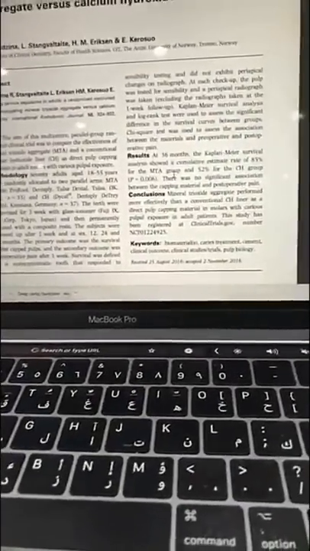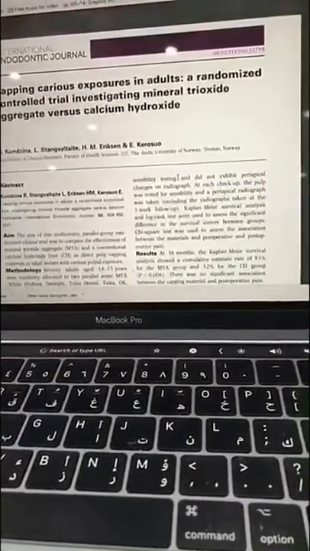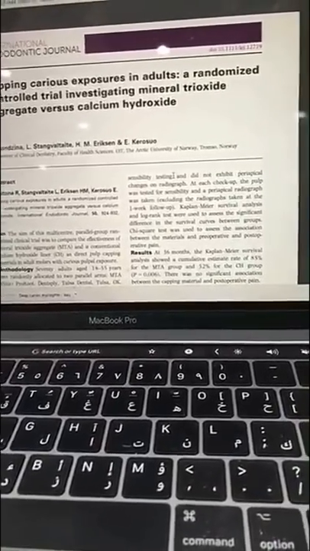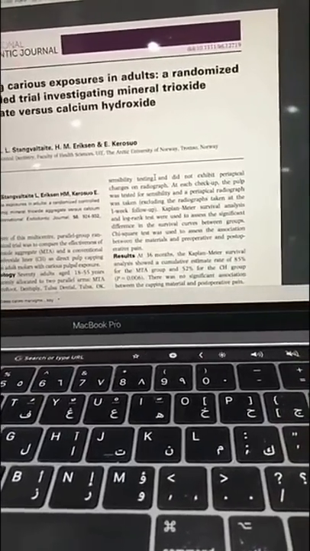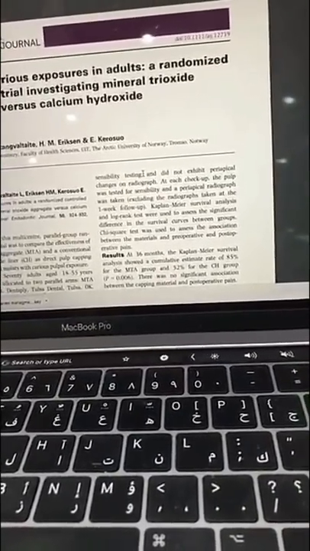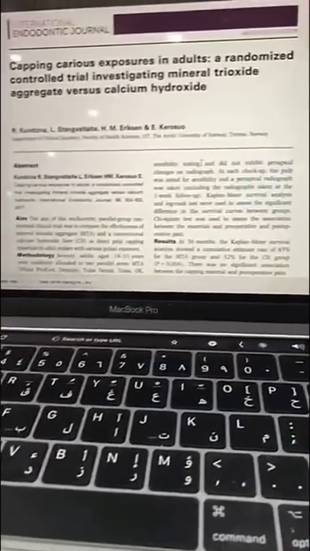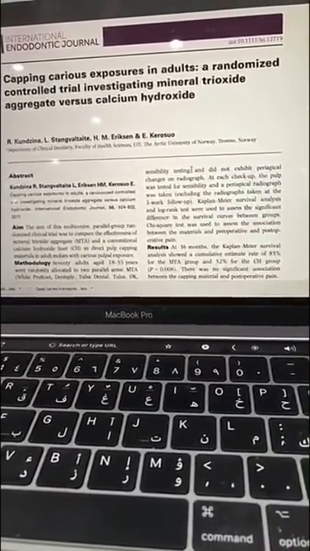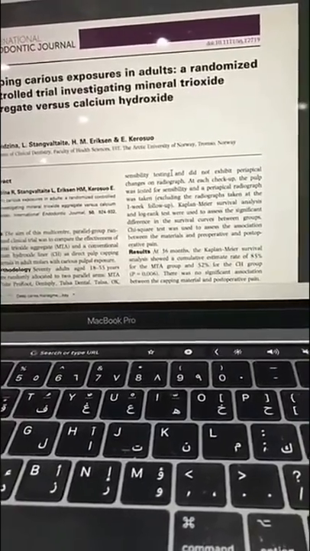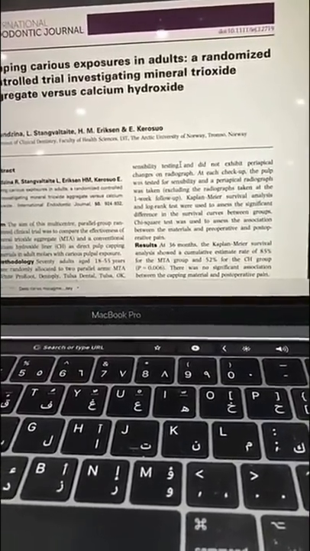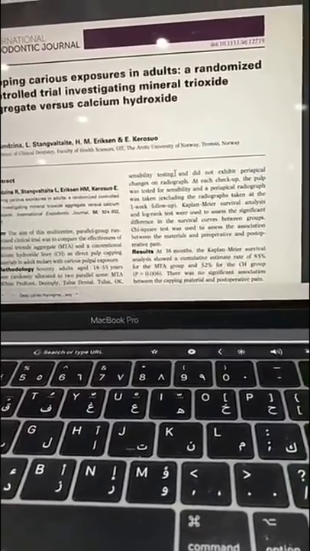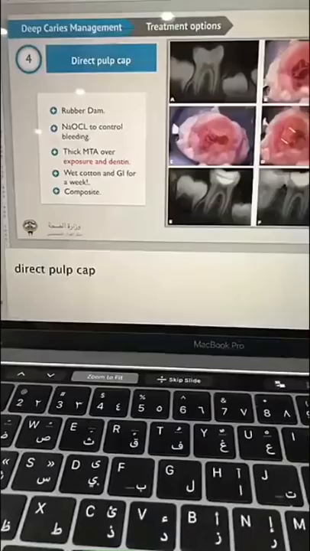And this is probably one of the first papers that had a high quality design that showed that MTA actually can be used even in cariously exposed pulps. What's interesting also in this study is that they also did these cases on adults up to 55 years old. So this is something new because the majority of these cases would be used on children.